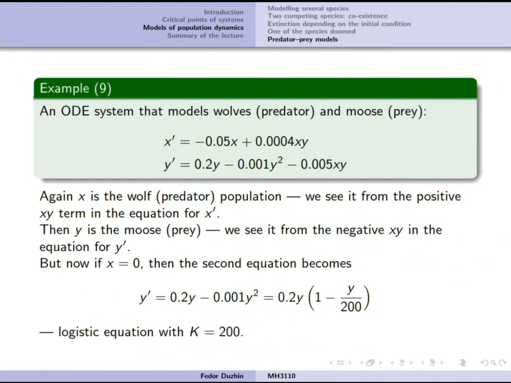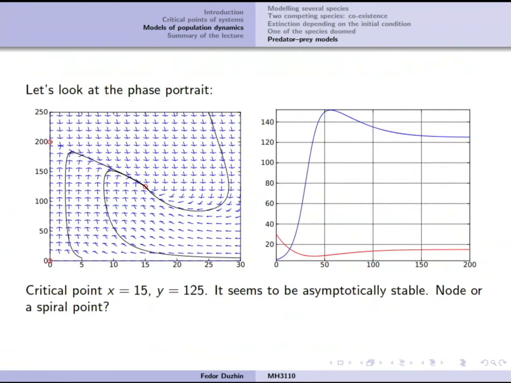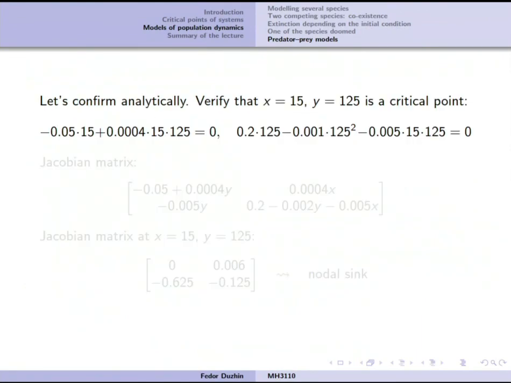I mean, what we did, we introduced the carrying capacity into the prey population. But essentially, what it affects is that now the phase portrait is very different. Instead of cycles, we see an asymptotically stable point. It's not very clear whether it is a node or a spiral point, which we can confirm analytically.